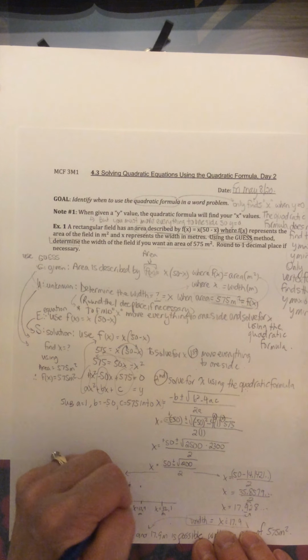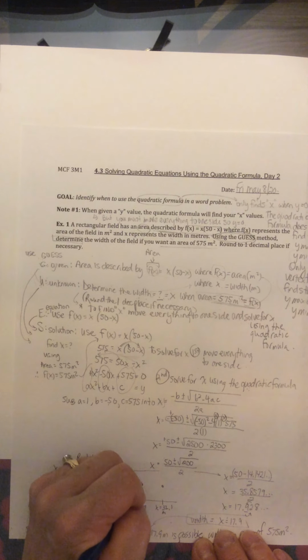What does that mean in the context of the question? Well, 17.9 is an x value. 32.1 is an x value. It means that when the parabola comes up to this point, this y value will be 575 meters squared here and here.